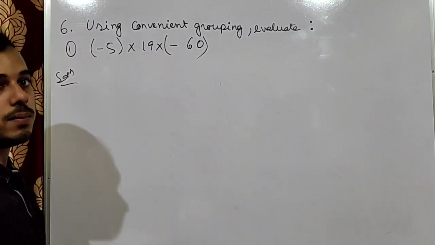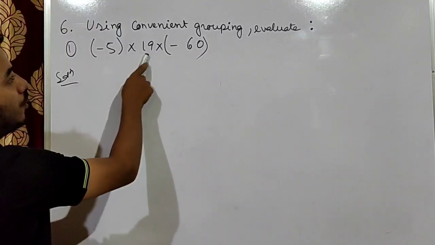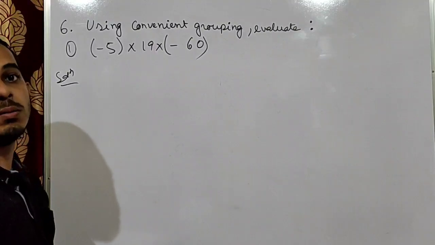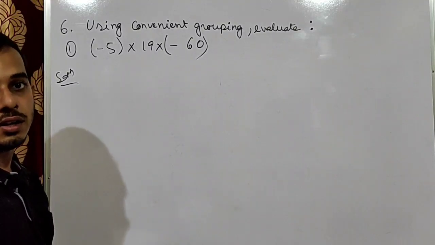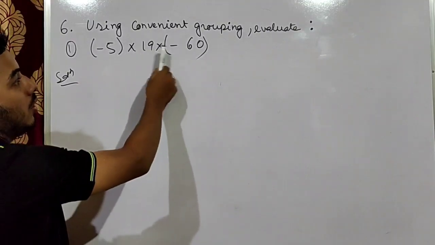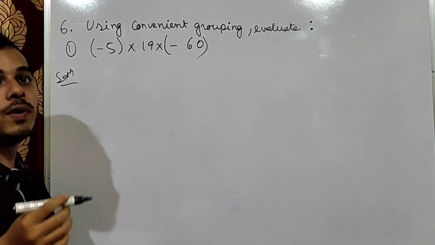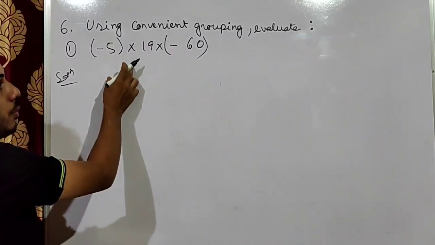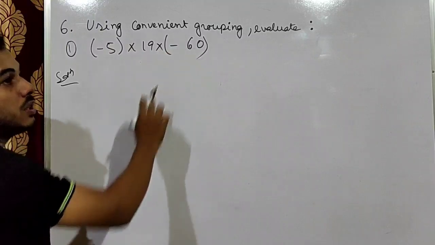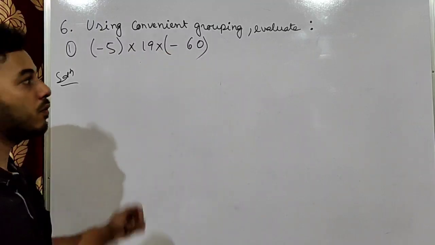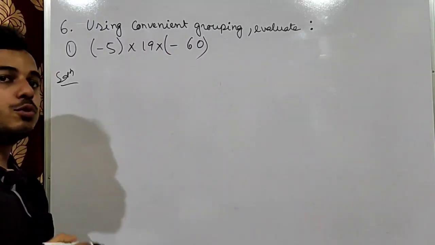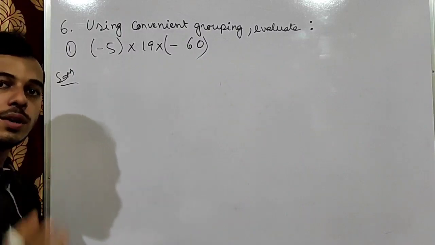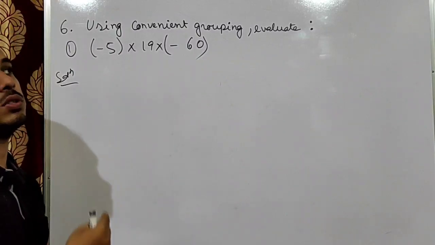Clear? Now if you have to multiply 5 with 19, there are many who don't know the multiplication table of 5 and 19, and there are also many who will not be able to find the product of this result with 60. It will be difficult for them. So I have chosen these two numbers such that all can understand and all can solve the question.